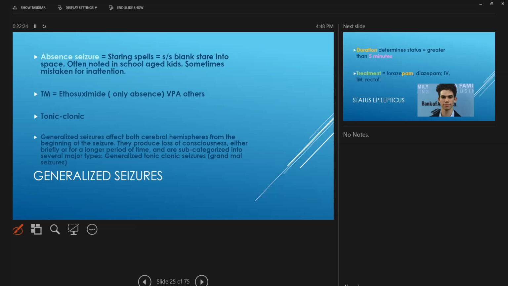They produce a loss of consciousness, either briefly or for a long period of time, and can be subcategorized into generalized tonic-clonic seizures, which is considered a grand mal seizure. So those are the major types.